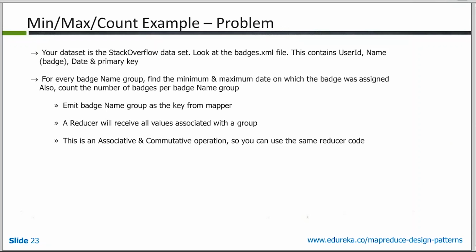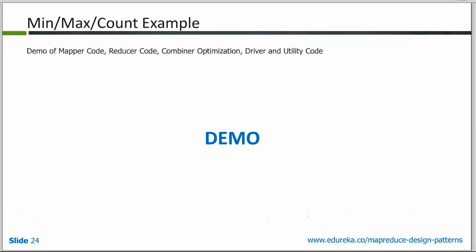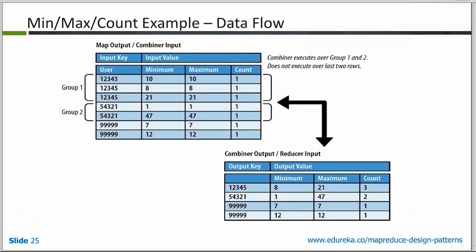If your badge category is, for example, 5-star, and I'm saying this is not a real badge name category, what we're trying to see is when was the first time and when was the last time such a badge was assigned, and how many badges actually exist in that category.